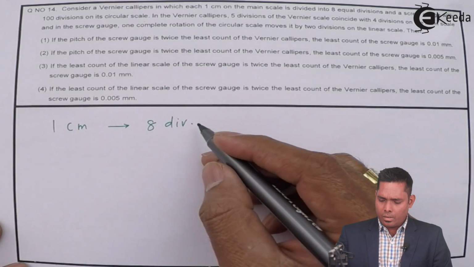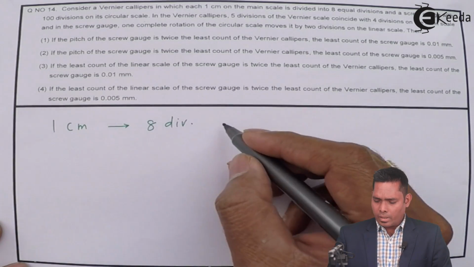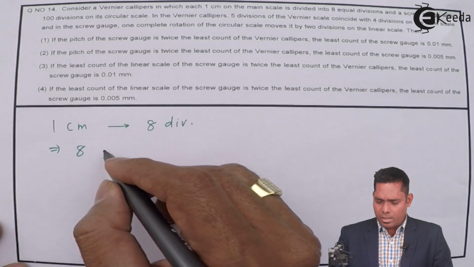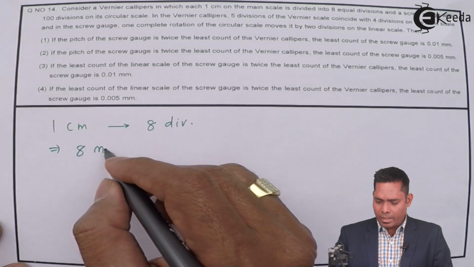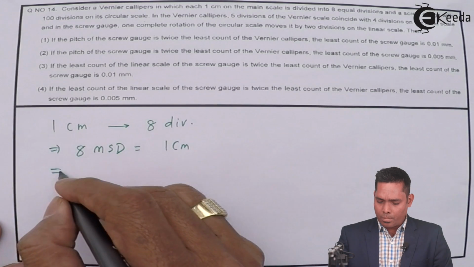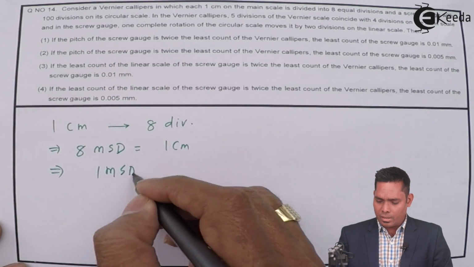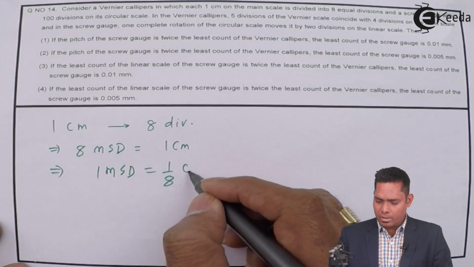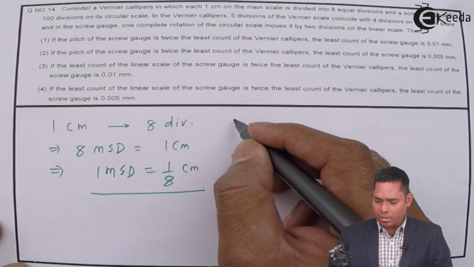That implies 8 main scale divisions is 1 centimeter. This implies 1 main scale division is 1 by 8 centimeter. This is the conclusion.